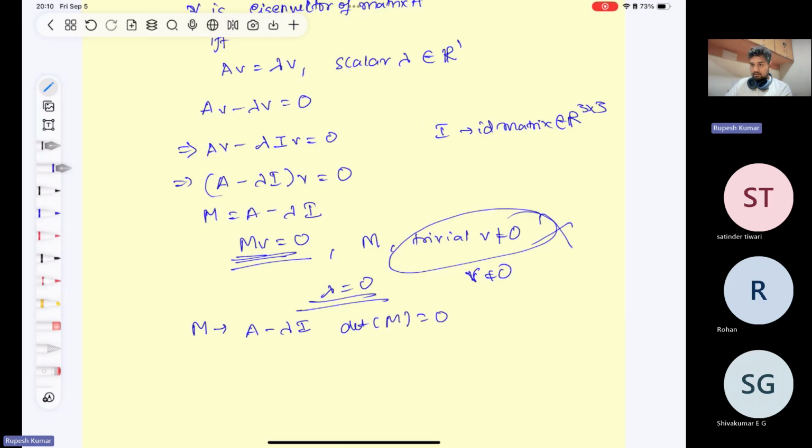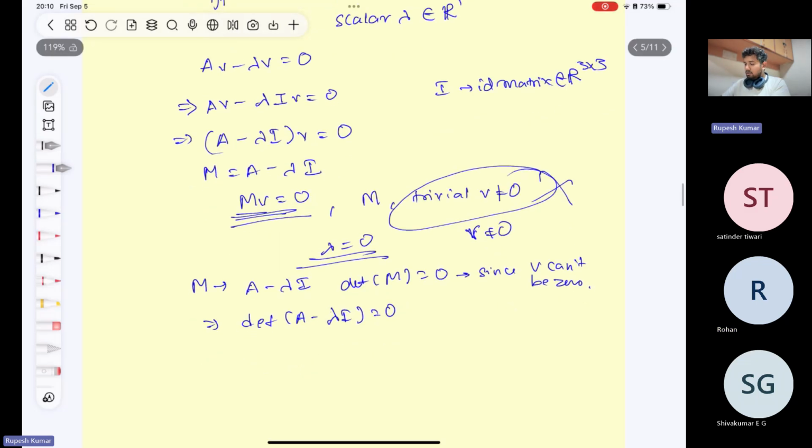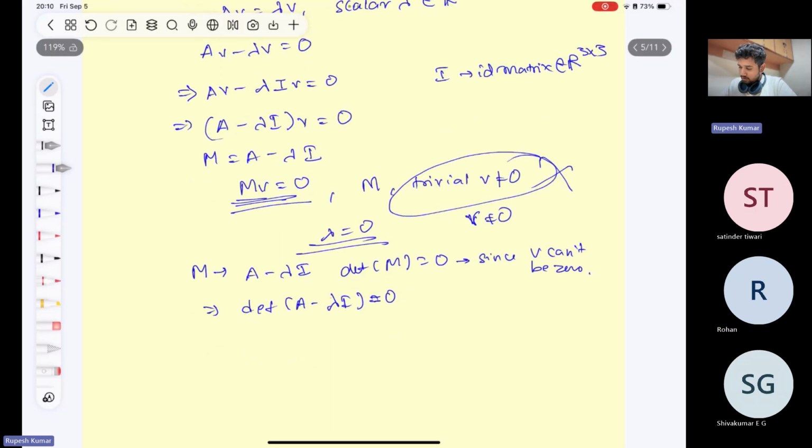Since V can't be 0, the determinant of M has to be 0. That means the determinant of A minus lambda I has to be 0. Everyone? Yes, sir. Right. Fine. This is the information you have. Just figure out the solution.